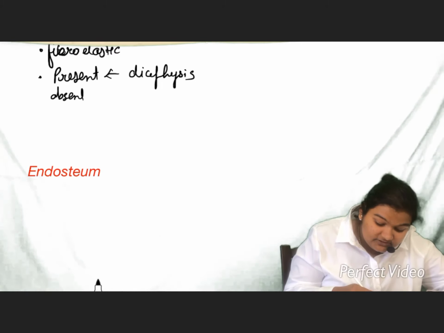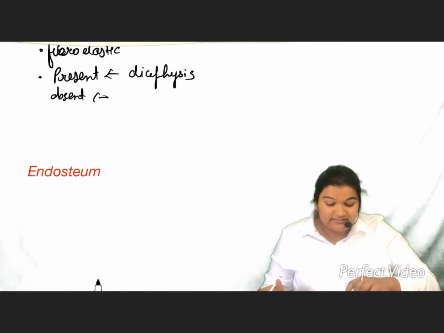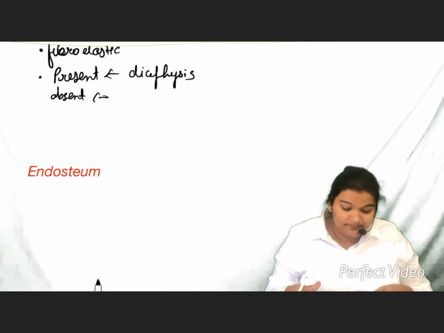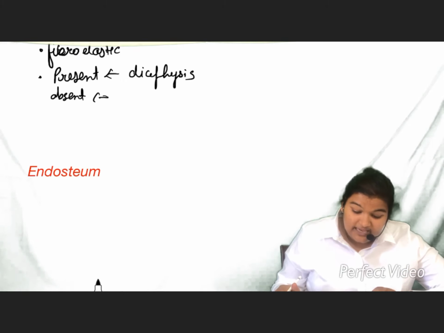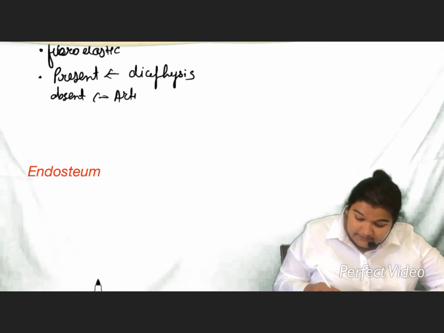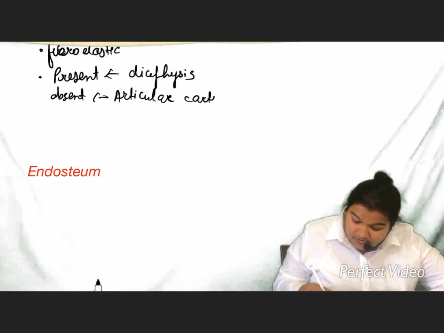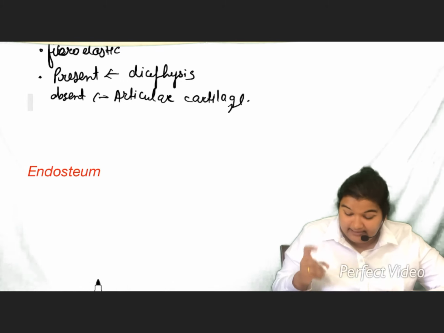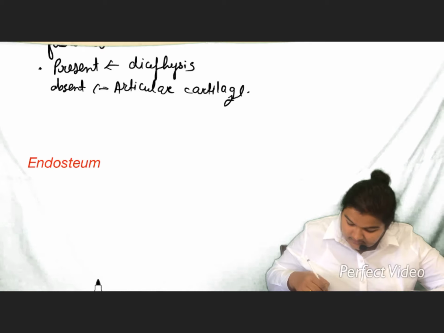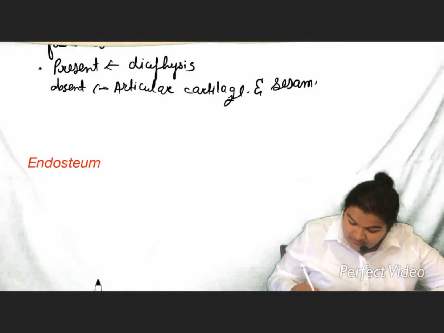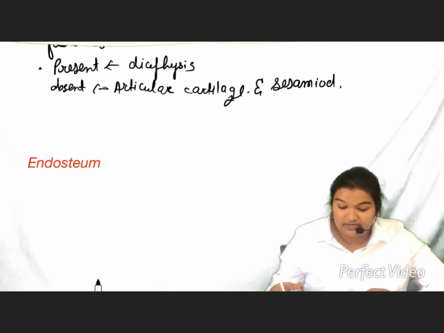It is present at the diaphysis, and it is absent on articular cartilage and also in sesamoid bone.